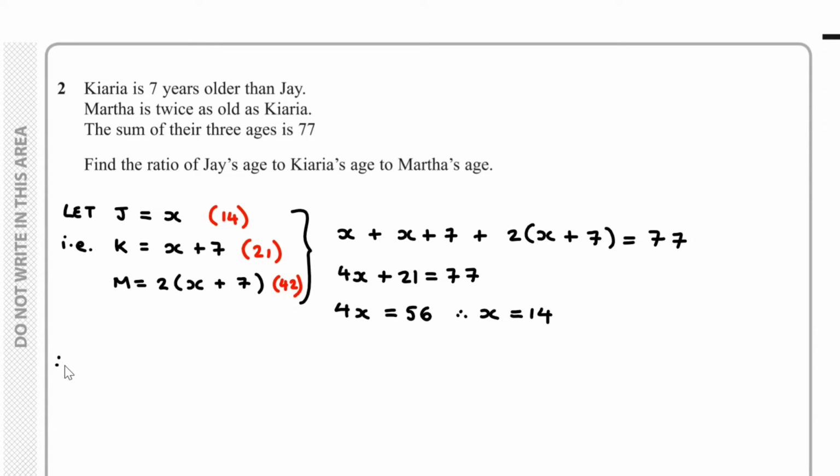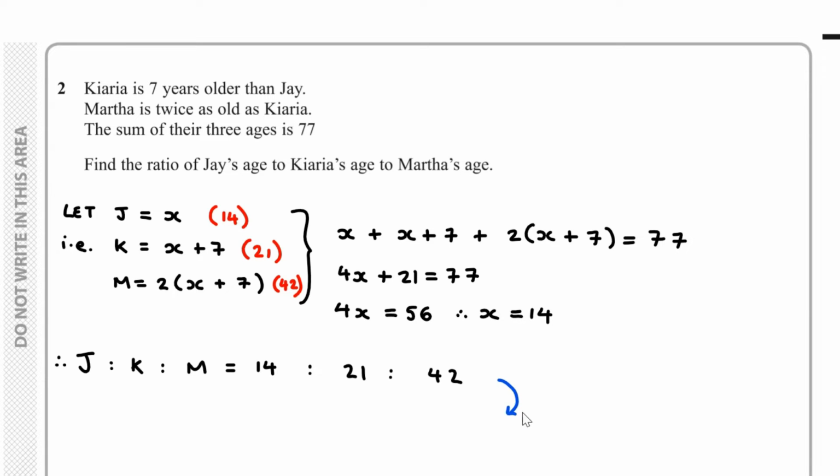So therefore, the ratio of J to k to m is equal to 14 to 21 to 42. And we can simplify this ratio by dividing each term by 7.